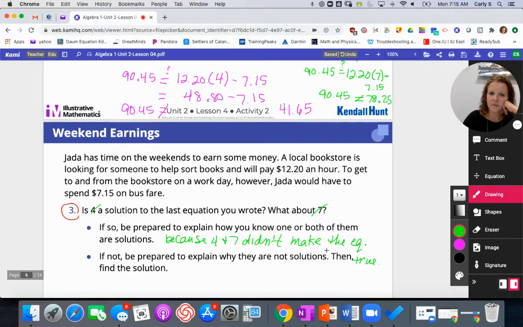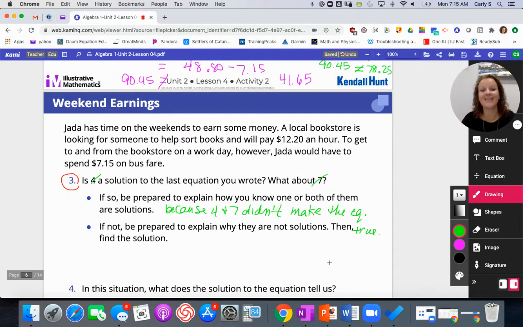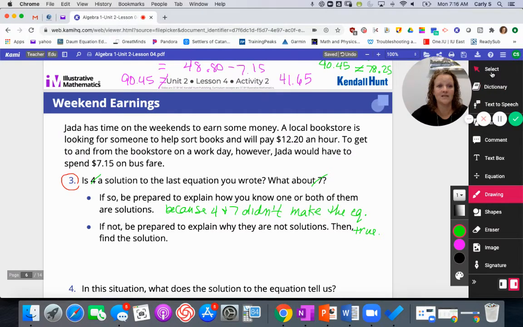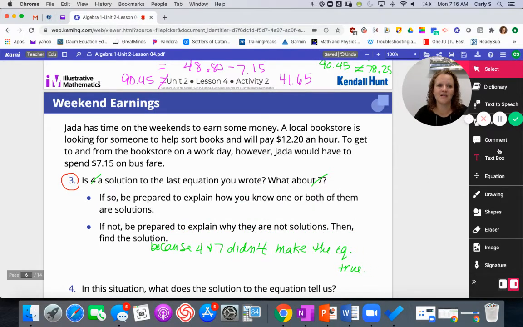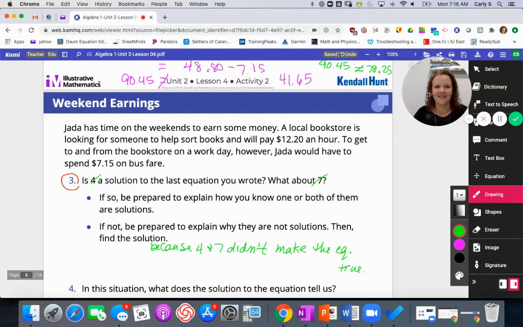If not, be prepared to explain why they are not solutions. Then find the solution. I apologize, I believe I put that in the wrong box. So if so, be prepared to explain. Well, they weren't. So if not, explain why not. Okay. Then find the solution.